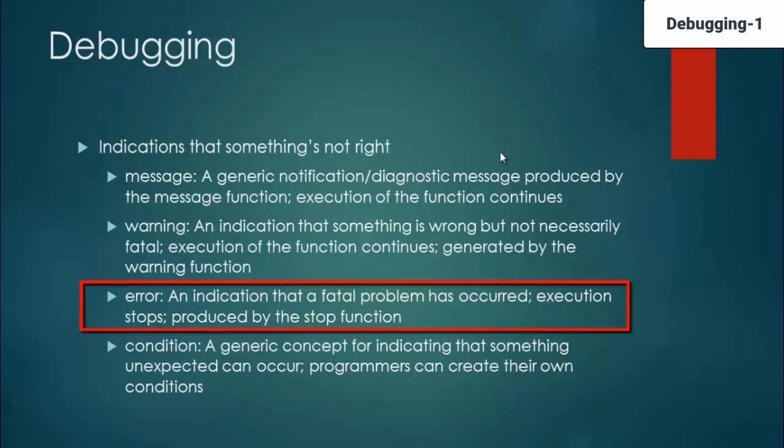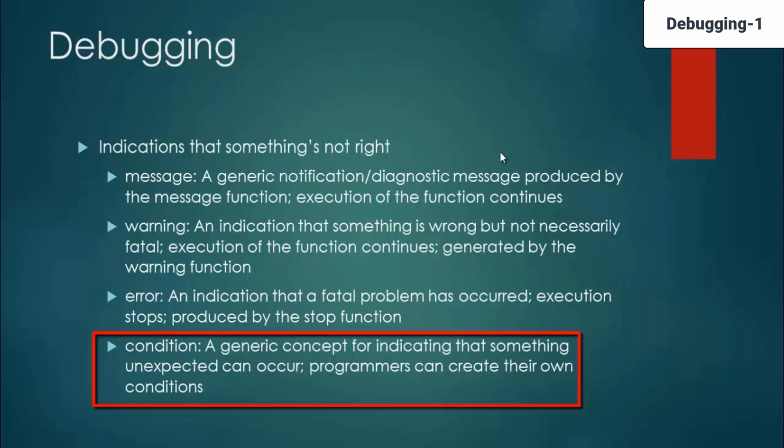You can manually create it to set conditions for what to do when something happens. Let's say you want to display a warning message, or you want to change part of a code or something like that. It's a generic concept for indicating that something unexpected can occur. So programmers have the ability to create their own conditions.